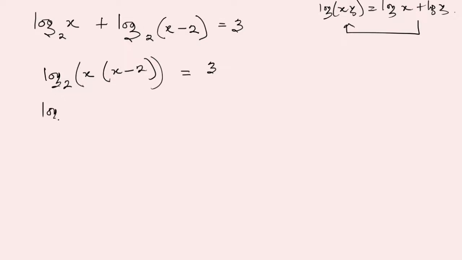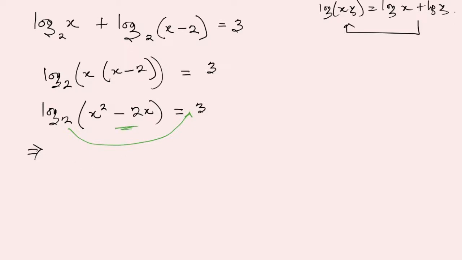So if we write this out, we'll have log to the base 2 of x squared minus 2x, if we expand that, equals 3. So we would raise our base here to the power of 3 to get our expression.